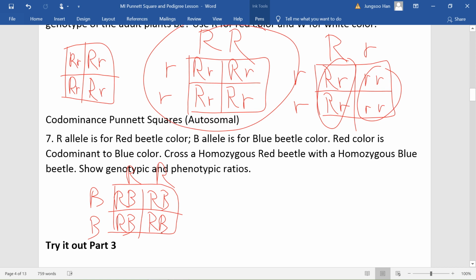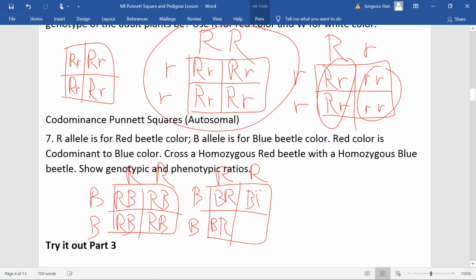Okay, if you flip it the other way and you put BR instead of RB, then that's the same. Usually we go in alphabetical order. So if you do like BR, BR, like that, they're exactly the same thing.